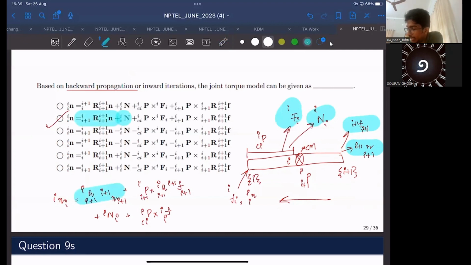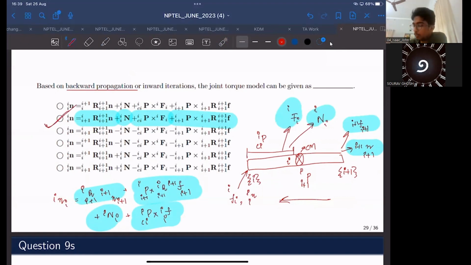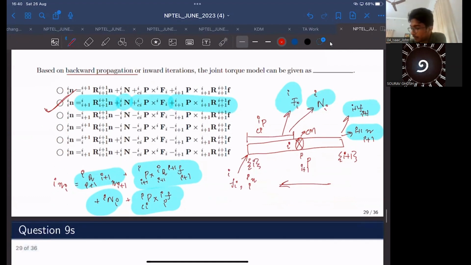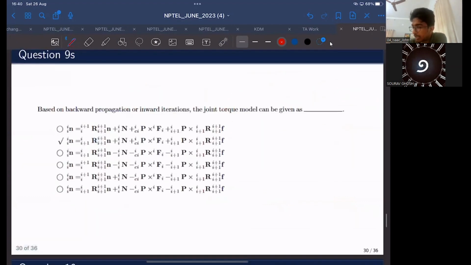And we have this I N I term that is also matching with our term. This term is also there. Then, this final term. Yes. So in that regard, I agree with you. The answer is indeed option 2. Right? As you practice or put more thought into this, it'll be more clear what would be the correct expression for forward propagation as well as the correct expression for backward propagation. Yeah, so in that regard, the answer is indeed option 2.